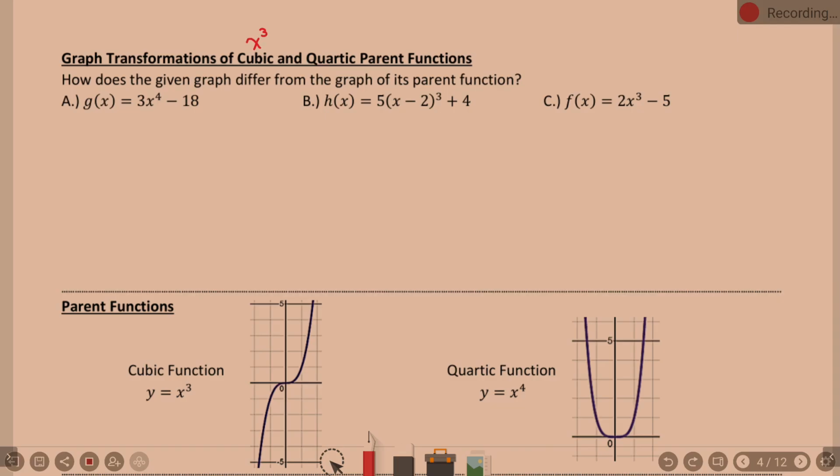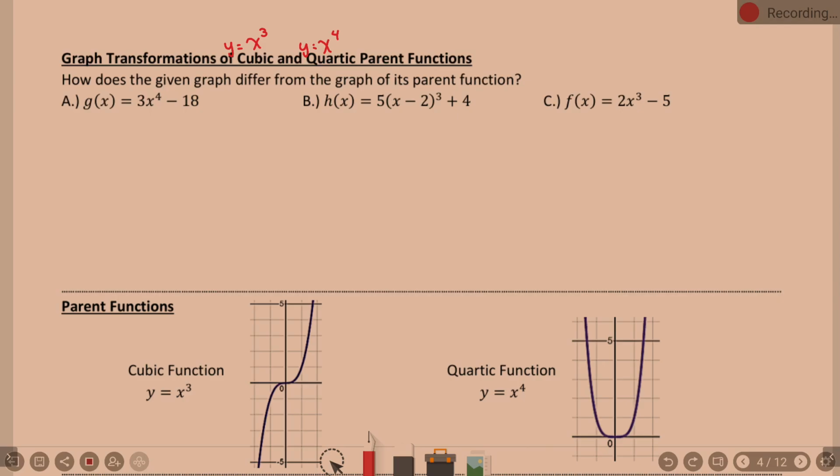Quartic, do you remember this one? It means there's an x fourth involved. That's all it means. How does the given graph differ from the graph of its parent function? For what we're doing today, the parent function is either y equals x cubed or y equals x to the fourth.